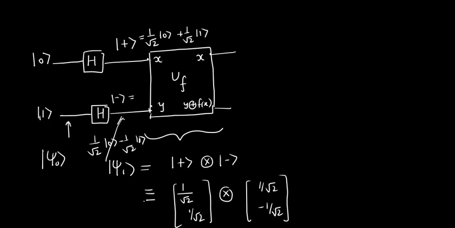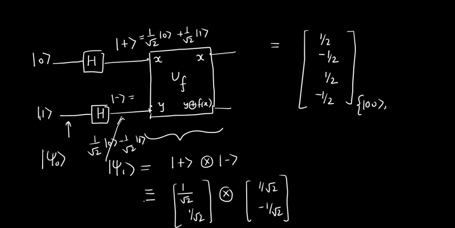So the tensor product of this will be equal to, right? So the tensor product will be, and the basis will be the expanded vector space of dimensionality 4 with this computational basis, right?